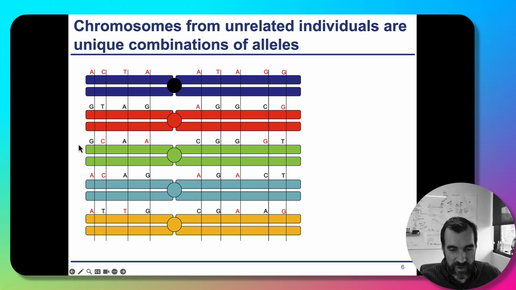That means it's almost like rolling a die 2 times, where the result of rolling the first die has no effect on rolling the second die. This is how you should think of polymorphisms in unrelated individuals: whether this is an A or a G has no effect on whether this next one is a C or a T.